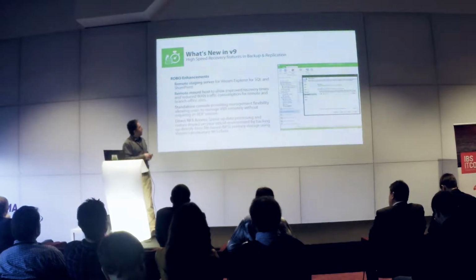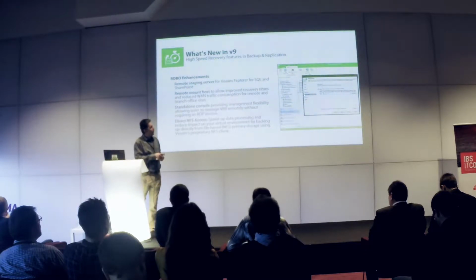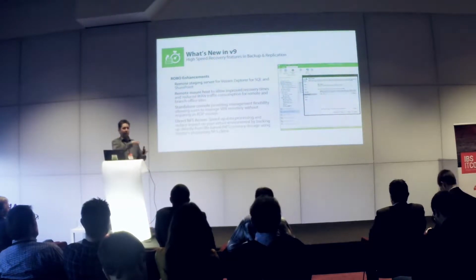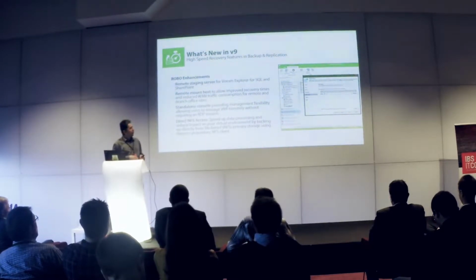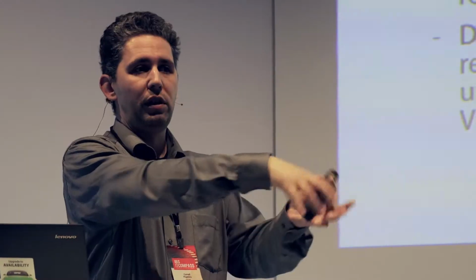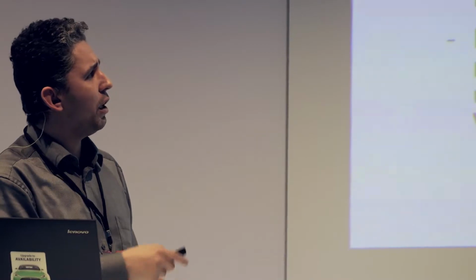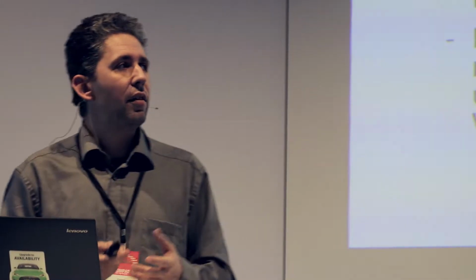Now we can have a local mount server, and we can set this property for a specific repository. We can say, use this local mount server, and when somebody is trying to do this granular recovery, use that mount point because it's faster to have the mount locally. So we reduce the WAN traffic and speed up the recovery.